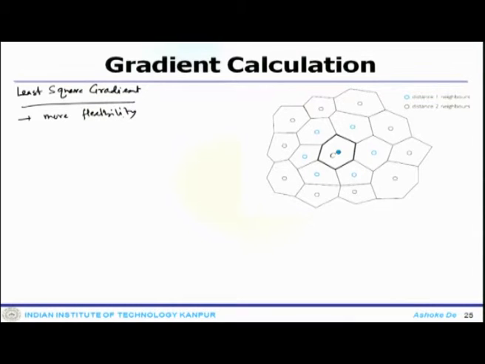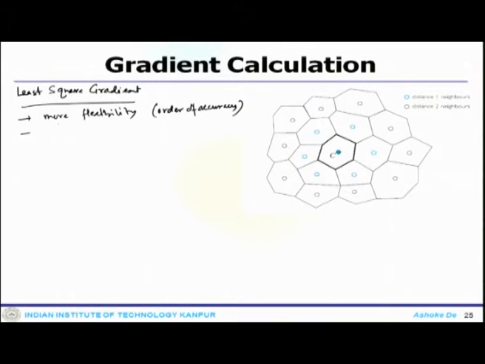It offers more flexibility with regard to the order of accuracy. So the order of accuracy is also slightly better or higher compared to the others. And in the least square method, the divergence based gradient can be recovered as a special case. So that is one of the advantages of this least square method.